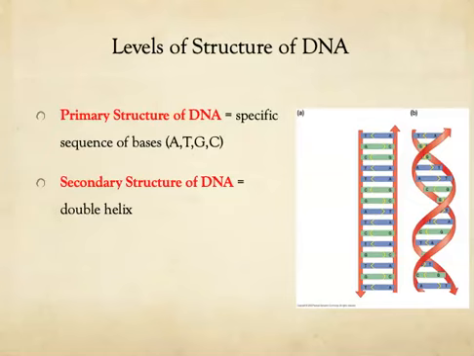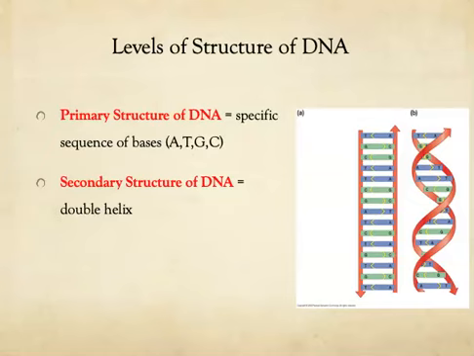The secondary structure of DNA, then, is the next level of complexity of the molecule. The two strands of DNA that come together and complementary base pair with each other don't stay as a flat two-dimensional structure. Instead, it creates what we call a double helix.